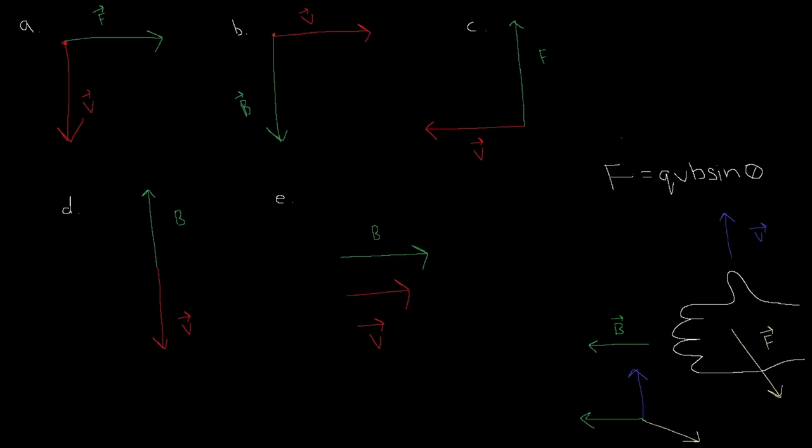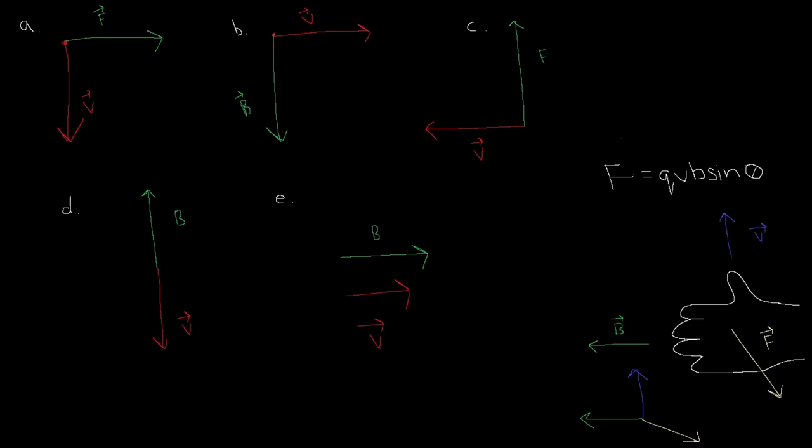So for this problem, for letter A, we have the direction of the force to the right, and the velocity going straight down. If you use your thumb as the velocity and your palm as the direction of the force, that means the third missing vector, the magnetic field, is going into the page. Now, for an electron, it's going to be a little different.